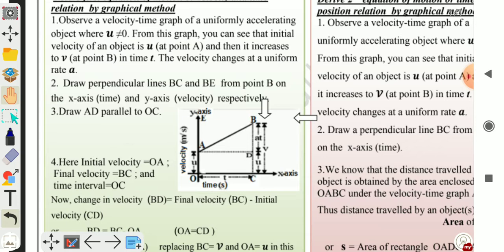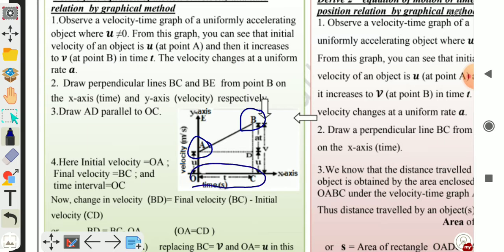From this graph, you can see that the initial velocity of an object is u at point A. This one is point A, and here the initial velocity is u, and then it increases to v at point B in time t.